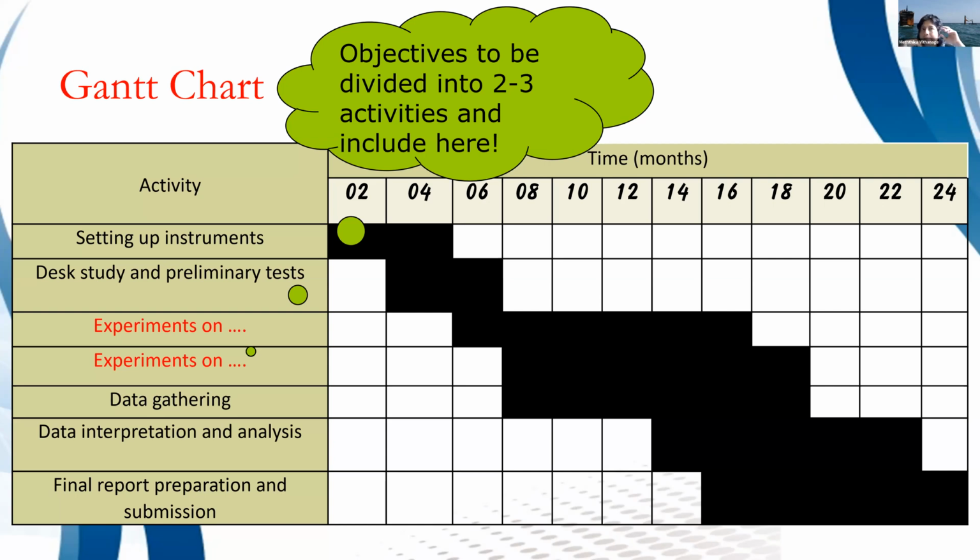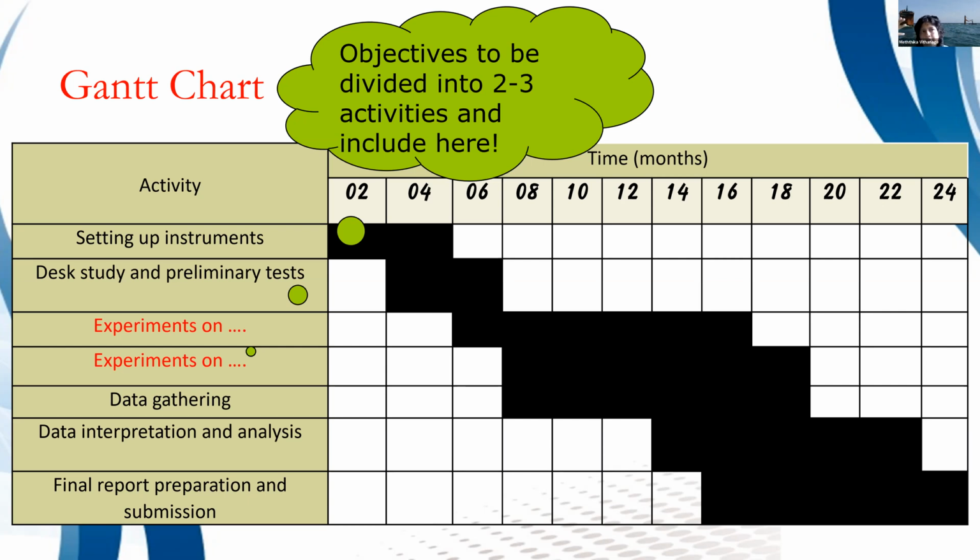Let's say you have the first objective, and for the first objective you can have 2-3 activities to achieve that objective. Those 2-3 activities you must mention here in the Gantt chart or in the timeline, right?